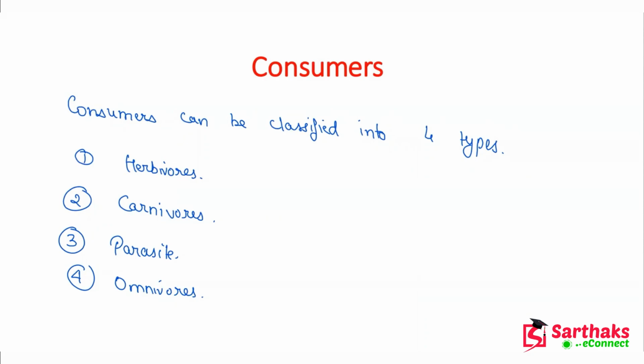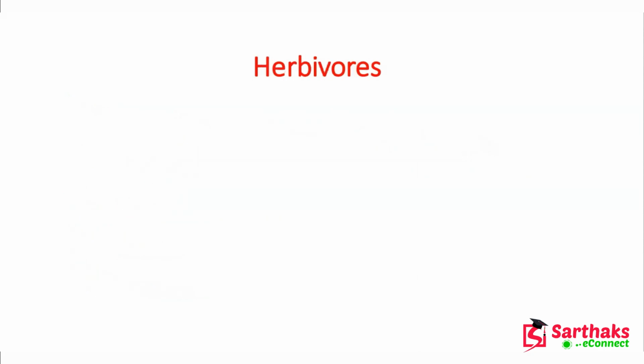Now the very first topic we are going to look at is herbivores. So what are herbivores? Herbivores are the organisms which depend on the producers and eat the producers.